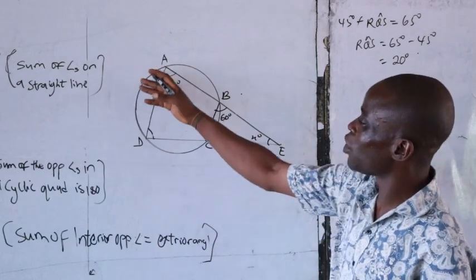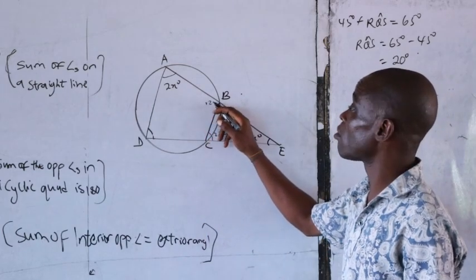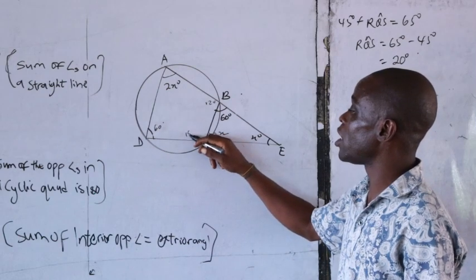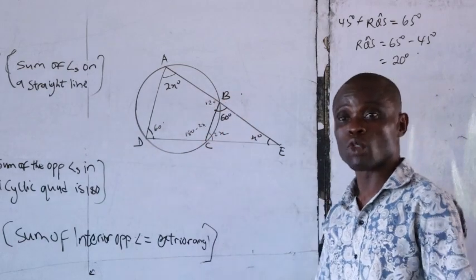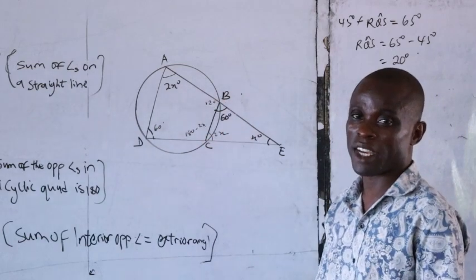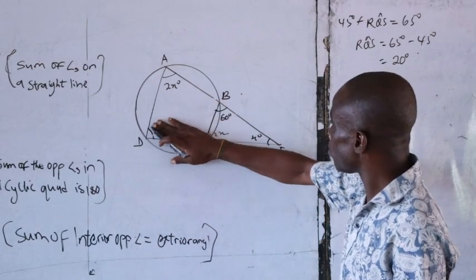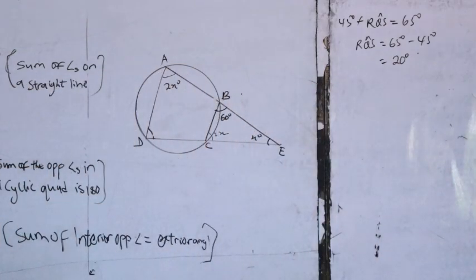Even if you first get this one as 120, you get this one as 60, you can get this one as 180 minus 2x, and now add everything together and equate this to 360, you still get it. But it's a waste of time. Is that taken? So you can use it, but you don't get that result. I hope it is clear.